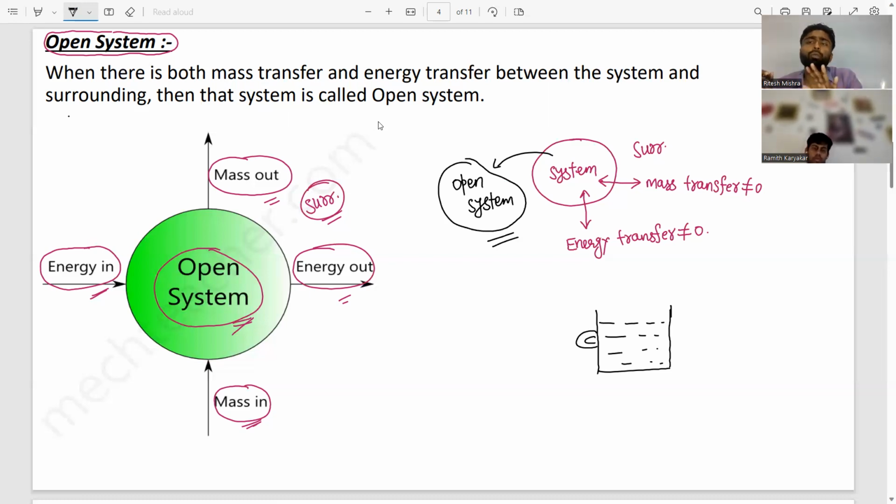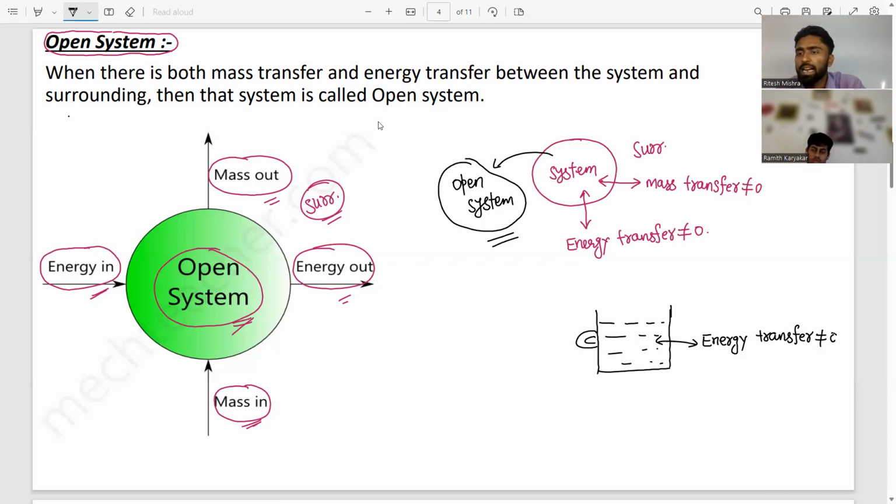But when we do not put a plate over the cup, then what happens? My dear, here energy transfer will occur between the system and surrounding, because when you put a cup of tea in your room, you see that after some time the temperature of tea has reduced.